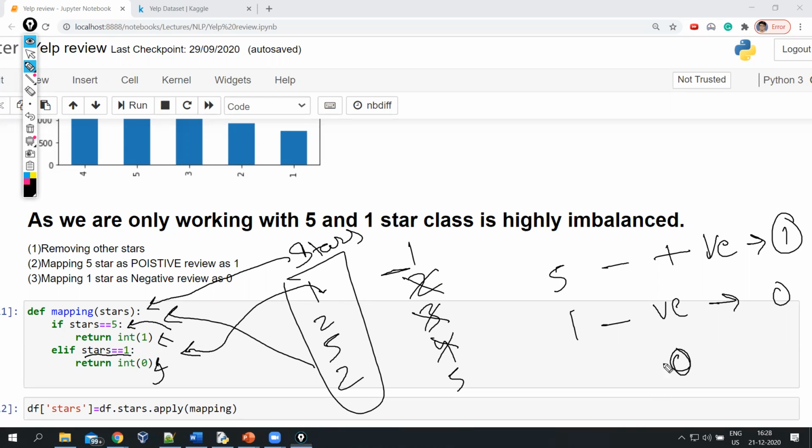Now 2 is there, so 2 is not in the statement, so it will return a nan value, because 2 is not there anywhere. After that, for 5 it will check, I will get 1 here. Same way for two nan values. So I'm just removing the nan values at the end, and I'm remaining with zeros and ones. So 0 means negative review and 1 means positive review.